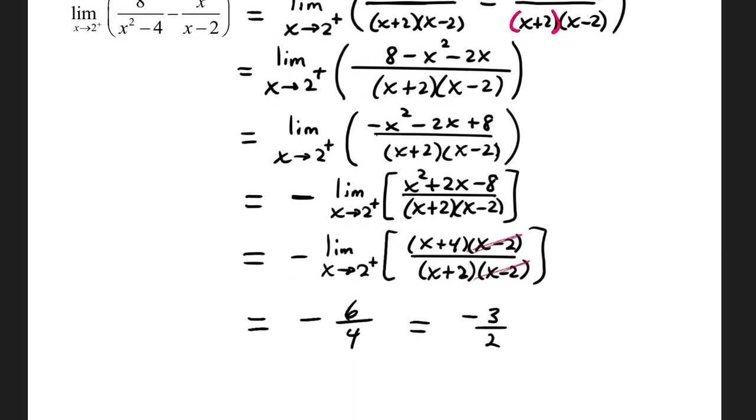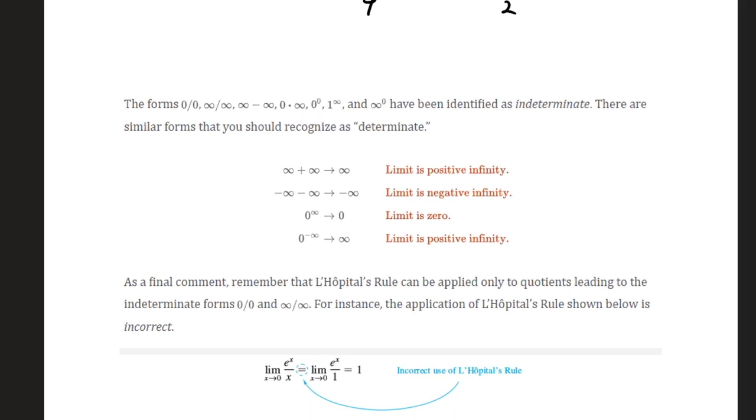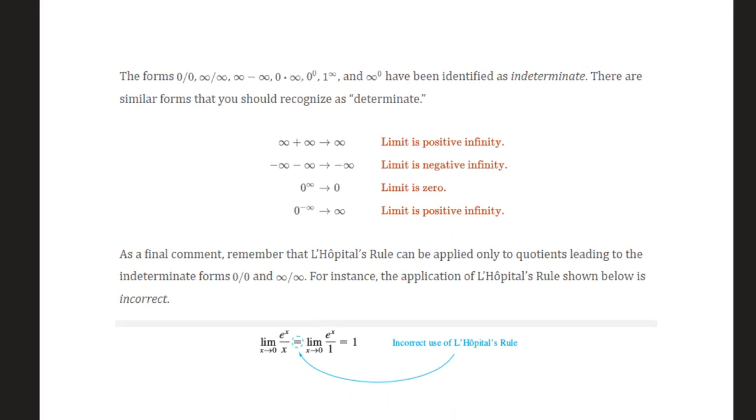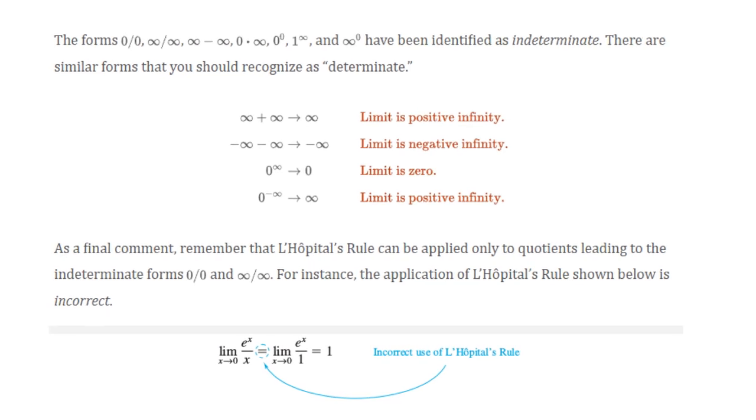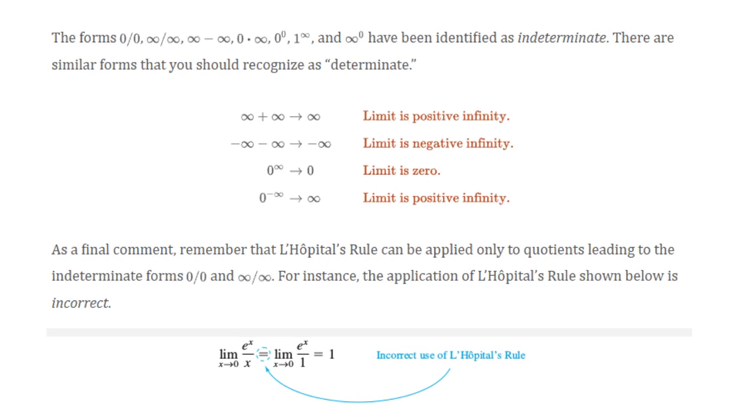Below there's a small chart that I copied out of your e-text. There are certain forms that are not indeterminate, and they should be recognized as determinate. One case is if you have infinity plus infinity, negative infinity minus infinity, 0 to an infinity, or 0 to a negative infinity.